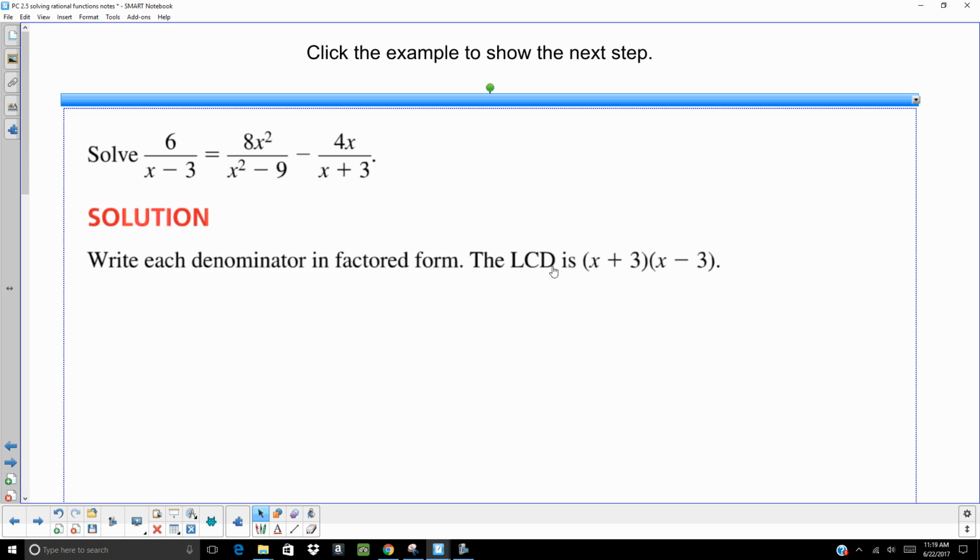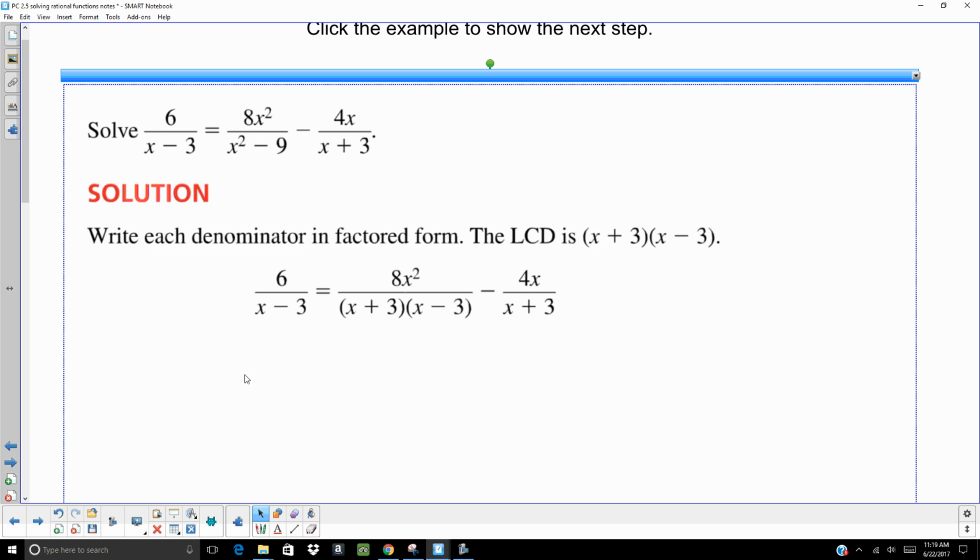And your lowest common denominator would be x plus 3, x minus 3. You want to get all the factors in there. So we've got 6 over x minus 3, x plus 3, x minus 3, x plus 3. So my lowest common denominator would be x plus 3 times x minus 3.